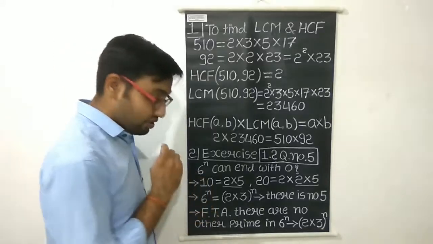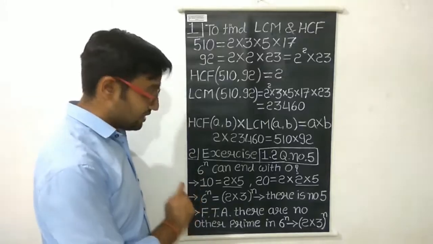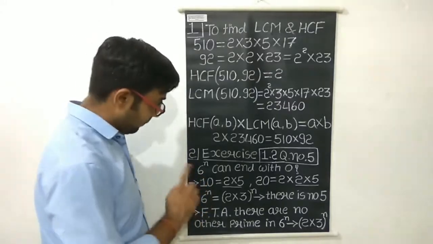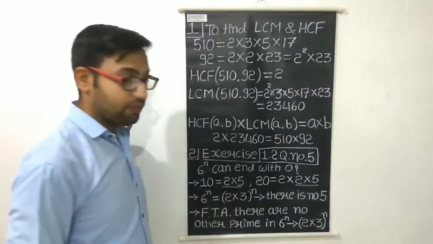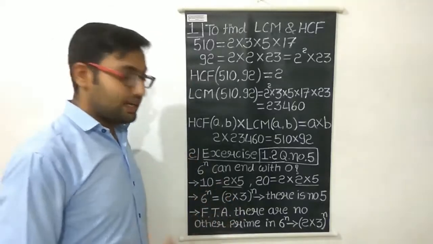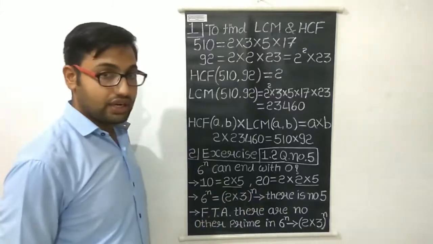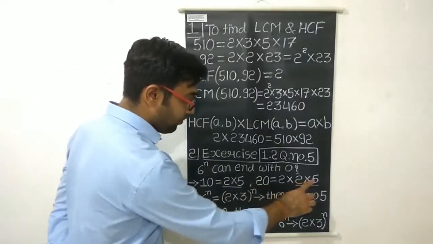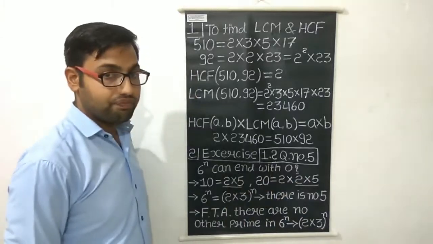The first number which has 0 as the last digit is 10. And what is the prime factorization of 10? The prime factorization of 10 is 2 into 5. What is the second number which ends with 0? That is 20. If we factorize 20, we get 2 twos are 4, 4 fives are 20.